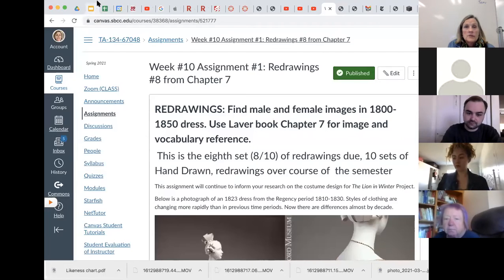Okay, so let me just show you this. I'd like you to take a look at it, and I will screen share and get this page up. So this is the page for this week. So I will do an example of it.